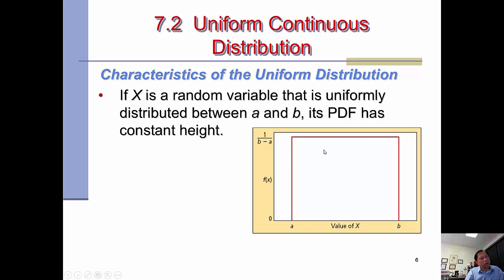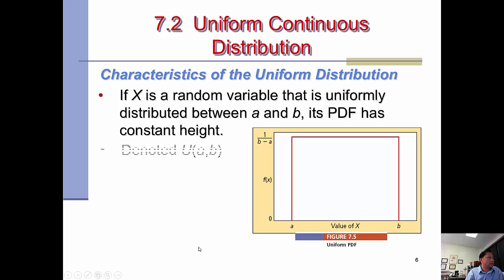For a rectangle, the area is the base times the height. The base is B minus A, so the height must be 1 over B minus A. The height times the base equals 1, and that's the area under the curve, in this case the rectangle.